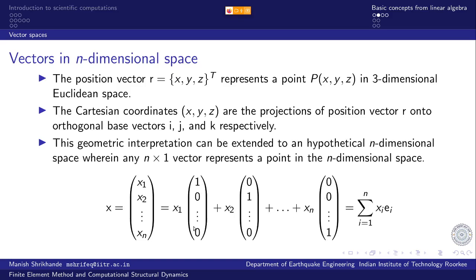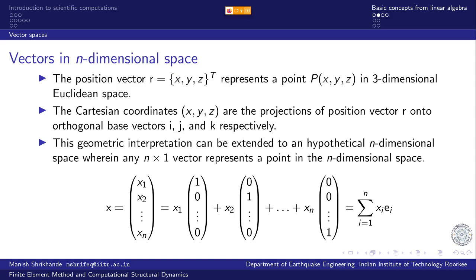So x1 multiplied by the first Euclidean unit vector, x2 multiplied by the second Euclidean unit vector, and so on, plus xn multiplied by the nth Euclidean unit vector. Exactly identical to what we have for three-dimensional vector space, except that the dimension is more.